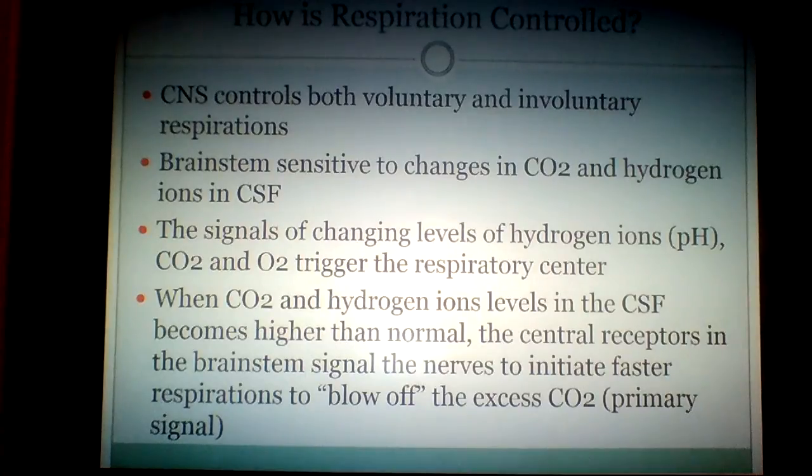Remember, our body's response to get rid of CO2 is to breathe faster. And just like with anything else, once the CO2 levels return back to normal, then we can return our respirations back to normal. Okay?